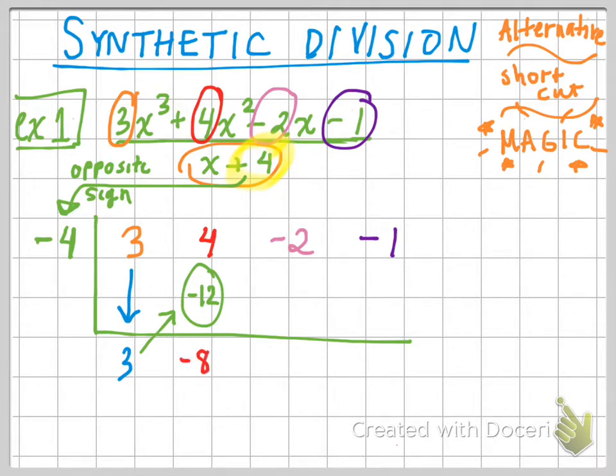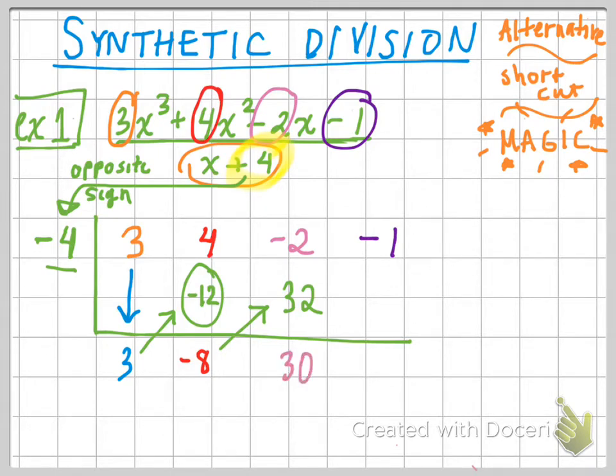So now I'm going to take negative 8 and multiply it by the negative 4 along the outside. So negative 4 times negative 8, negative times negative, would give me positive 32. And I'm going to add 32 plus the negative 2 to get me a positive 30.